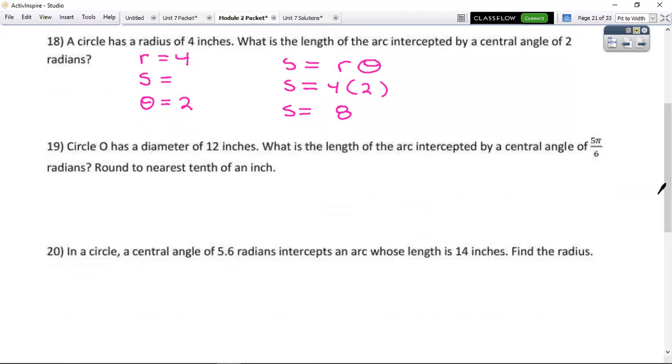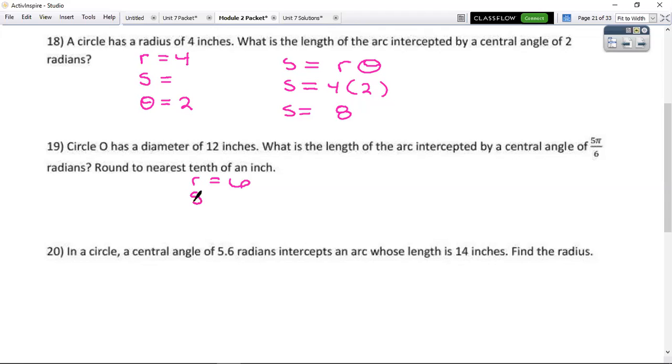All right, 19, a circle has a diameter equal to 12. So what do I use for the radius? Very good. So radius is equal to 6. Watch for those little things like that. What is the length of the arc?